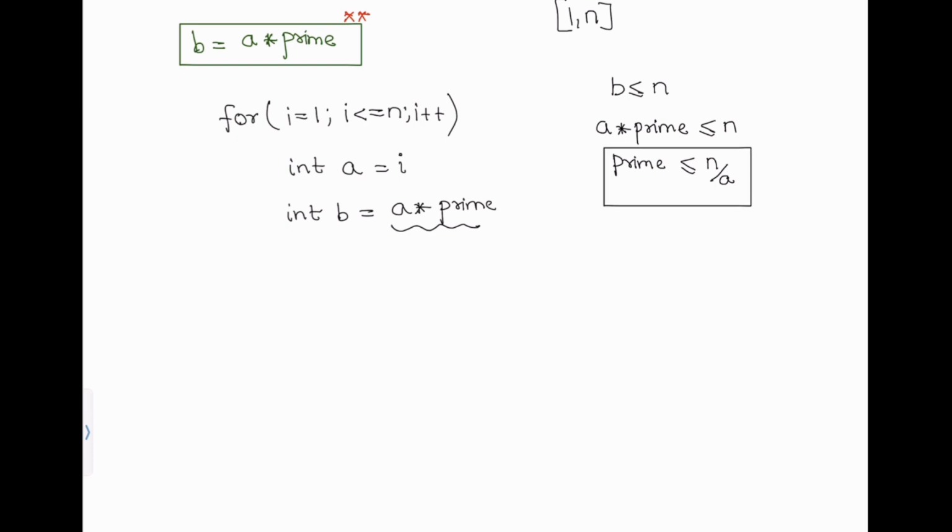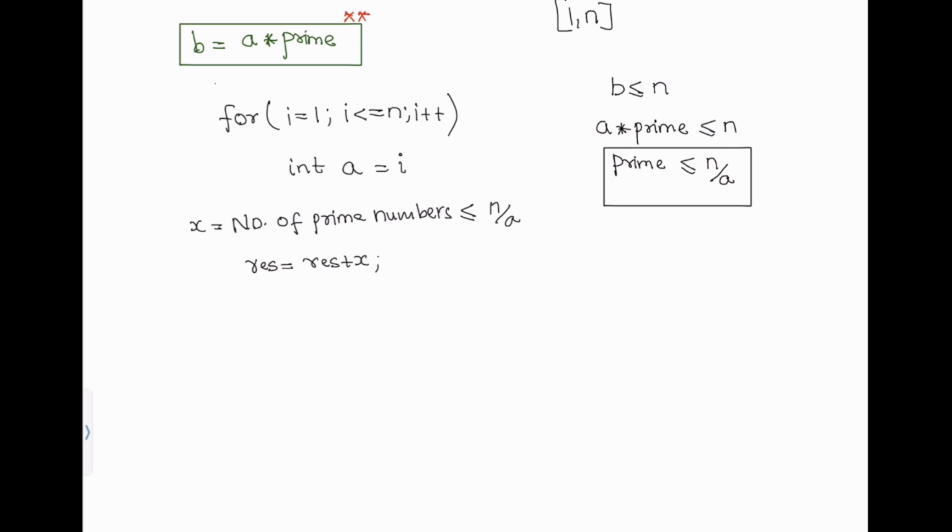If we are able to find that out, we get the number of B's that we can associate with A such that F(A,B) is prime. We don't have to find B actually. We have to find the number of prime numbers less than or equal to n over A. And if we store this value in a variable, let's say x, what we have to do is every time result is equal to result plus x.